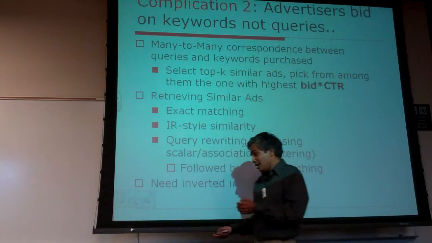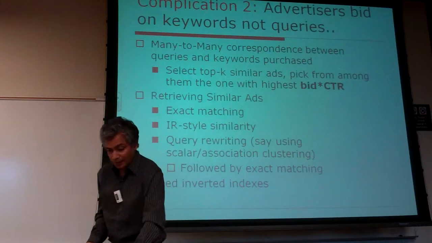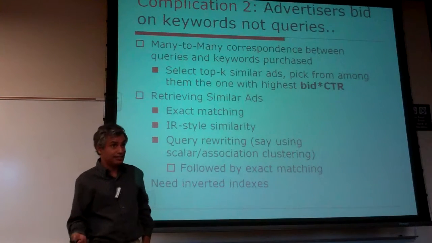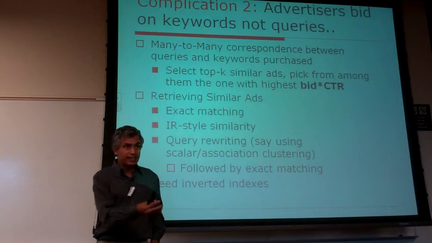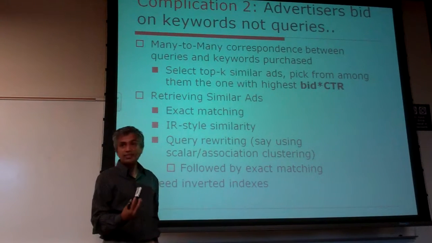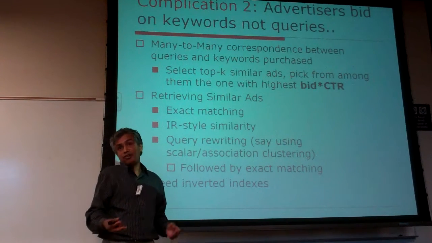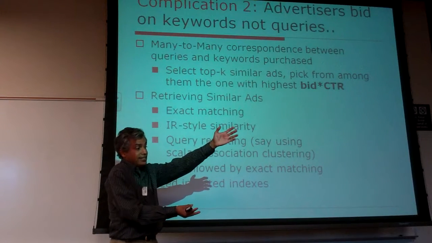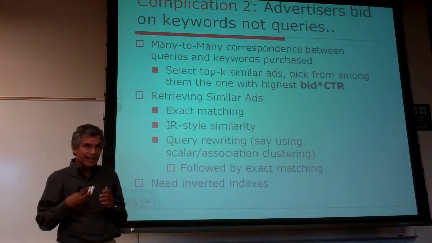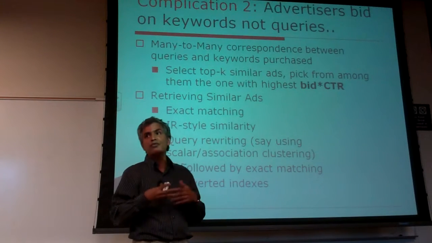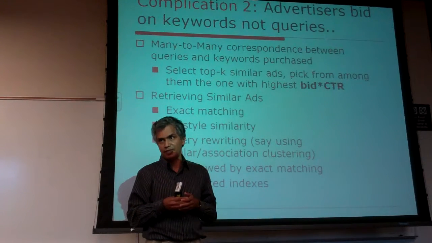Especially when search engines are showing you advertisements for your emails, there is no query in the email. The subject is not a query. The body is not a query. And yet they somehow try to say, well, if you are looking at this kind of emails, you may be interested in looking at these kinds of advertisements. So in essence, they're doing some kind of keyword-based showing of advertisements.